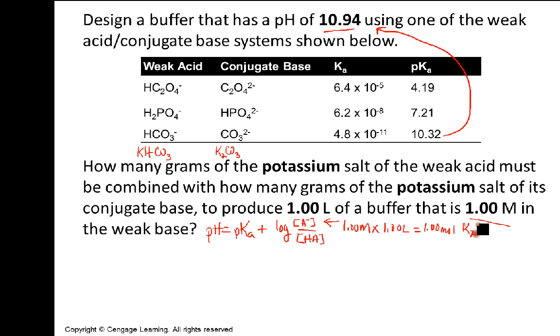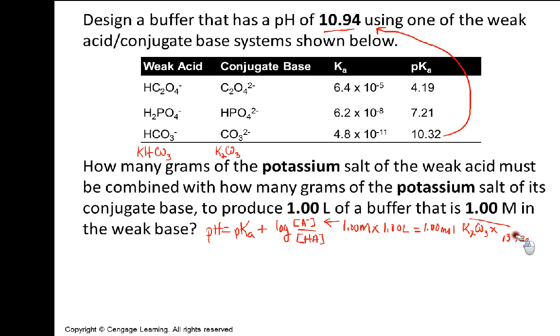of the weak base. And so we need the whole salt here in order to get the right mass to weigh out, because you'd be weighing the potassium ion as well as the carbonate. You look up the molar mass of this, and we can see that it is 138.2 grams per mole, and I've set that up backwards.